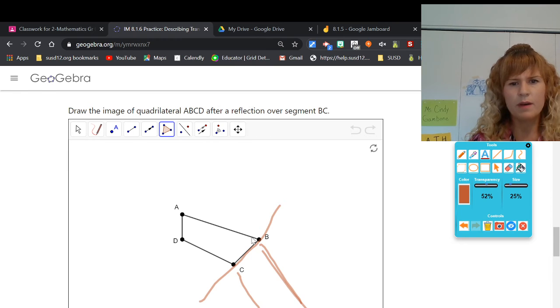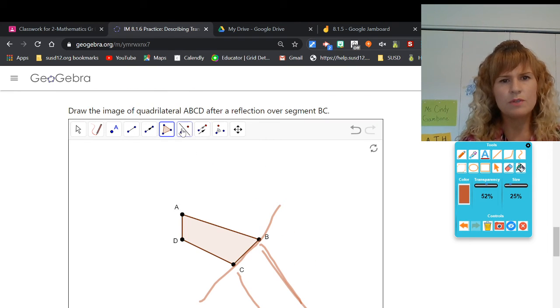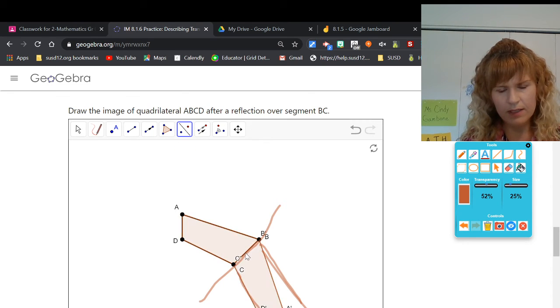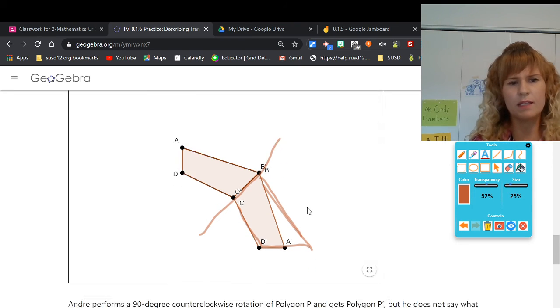I'm going to draw the polygon first. There, otherwise I would be reflecting it line by line. And then choose Reflect About Line. Click the polygon and carefully click the line. Ding! There's my reflection. Okay, good, I got it.